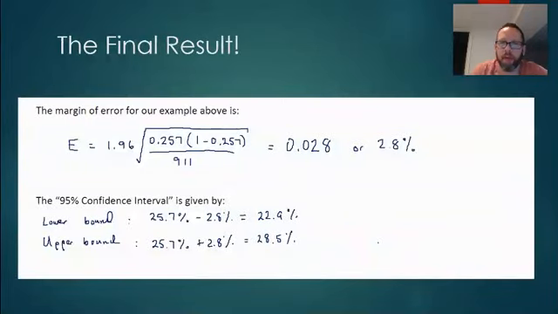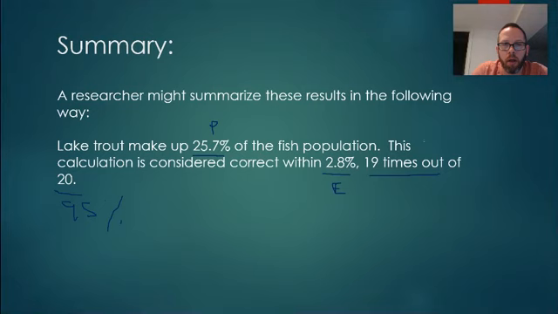You should be able to find the margin of error, find the lower and upper values, be able to state a range of percents that you're confident the values are between, and be able to make a statement like so. Use your proportion, your margin of error, and then whatever confidence level to make a statement like that. If you can do that after today, you are in really good shape.